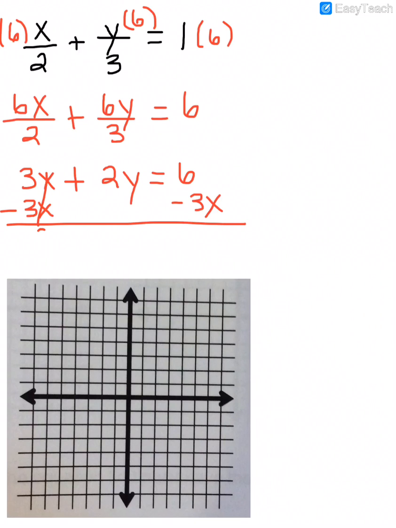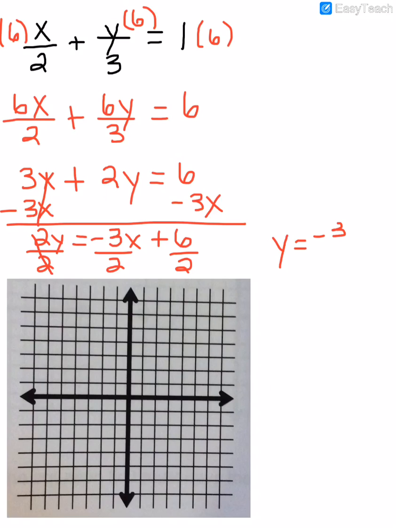So I have 2y equals negative 3x plus 6, and then divide everything by 2. So that gives me y equals negative 3 over 2x plus 3.